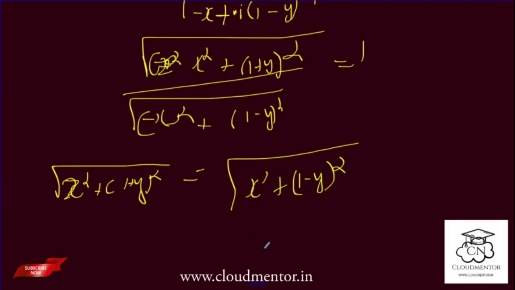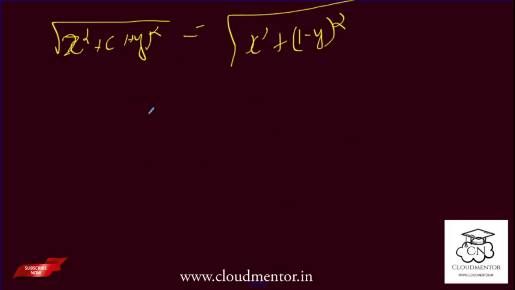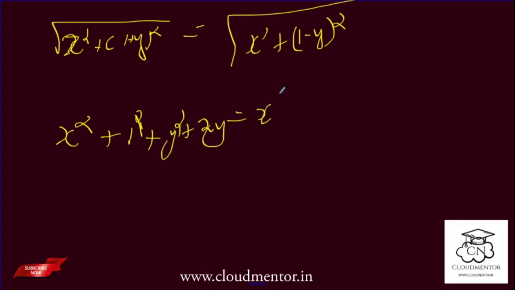And now taking the square on both sides, expanding the terms, we get x square plus 1 square plus y square plus 2y, and that's equal to x square plus 1 square plus y square minus 2y. And here y square gets cancelled, x square gets cancelled, 1 square gets cancelled.